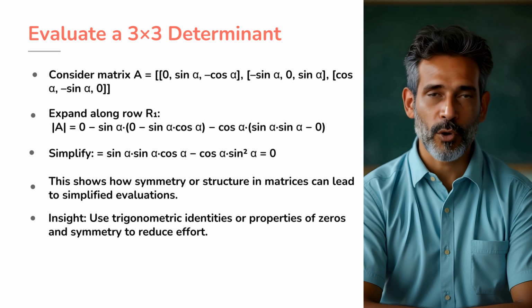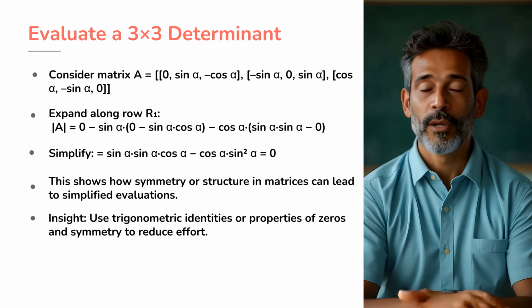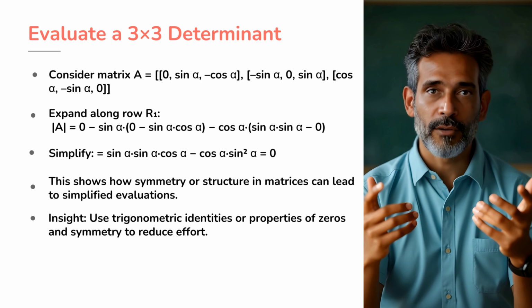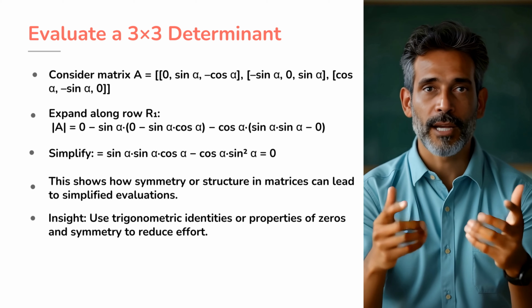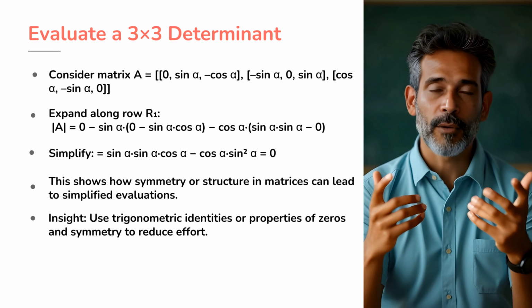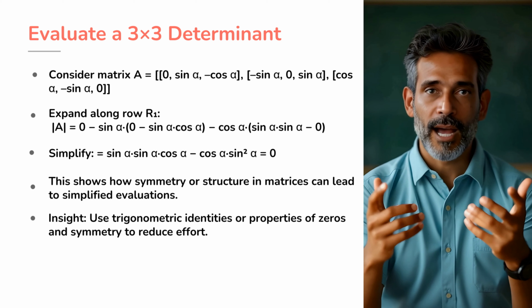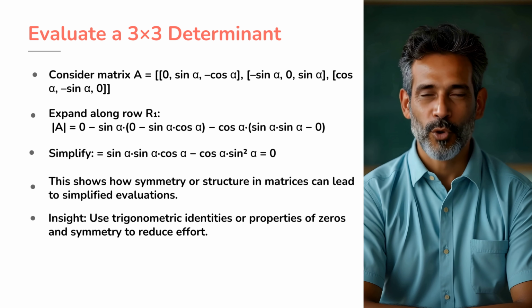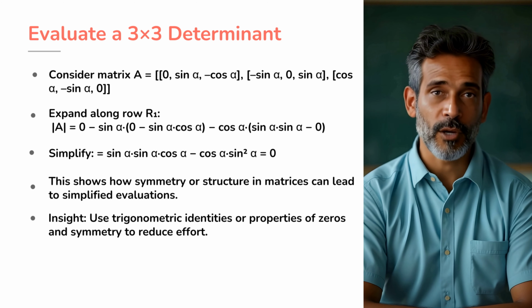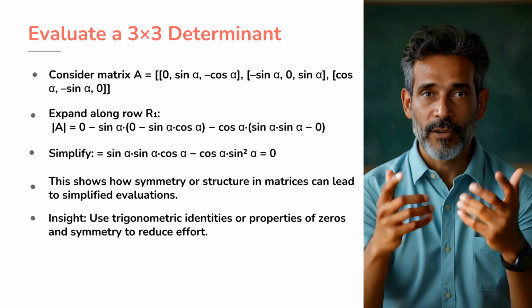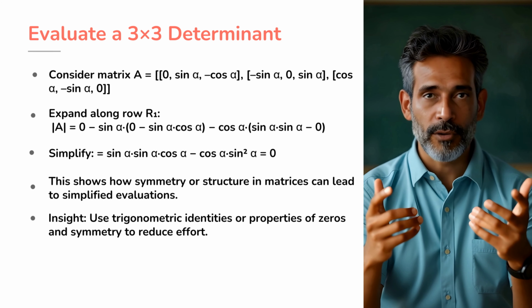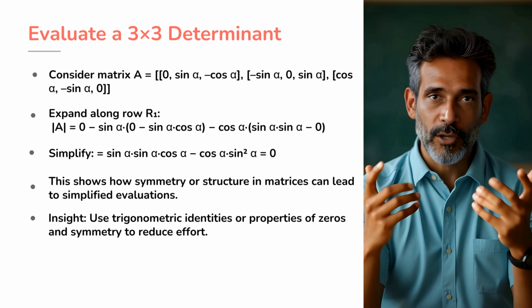Expanding along the first row, we get mod A equals 0 minus sin alpha times (0 minus sin alpha times cos alpha) minus cos alpha times (sin alpha minus 0). That's equal to sin alpha times cos alpha minus cos alpha times sin squared alpha. Look closely, these terms cancel out, giving 0.